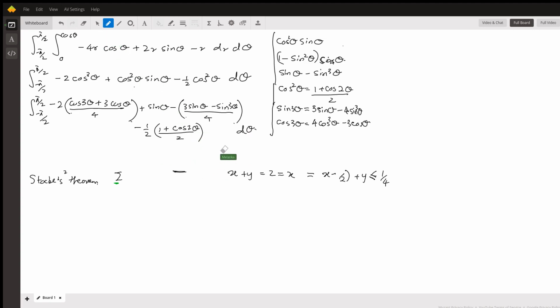Once you work this out, you will get something like this. Negative pi over 2 to pi over 2.